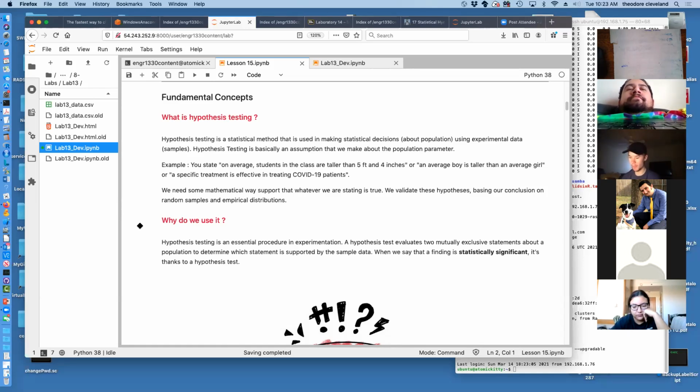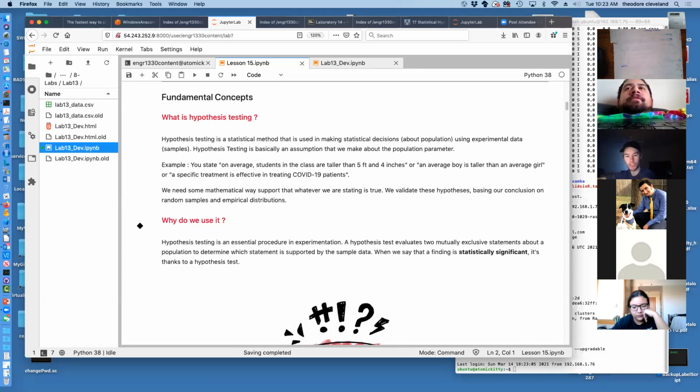So we need some mathematical way to support whatever assertion we're making that it's true. And we do that by validating these hypotheses, or assertions, if you will, and basing our conclusion on random samples and empirical distributions.